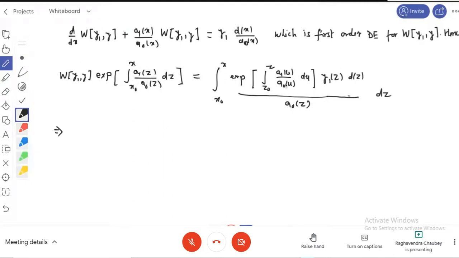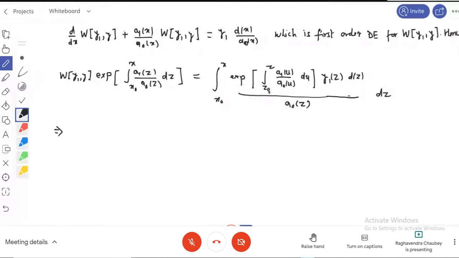Similarly, look here, this is u. Integrating with respect to z and then putting z equals x, finally this is a function of x. Each term is a function of z.